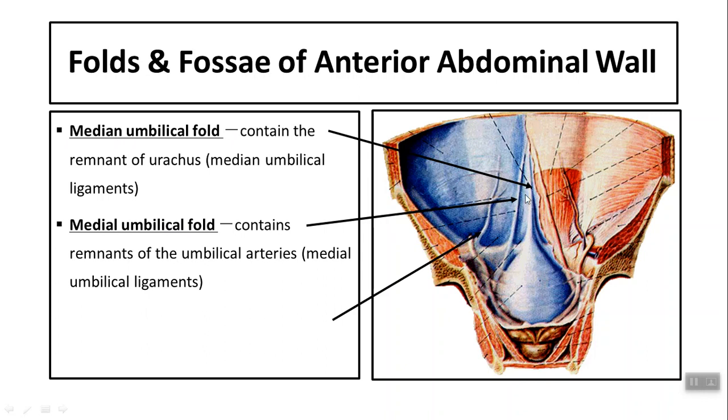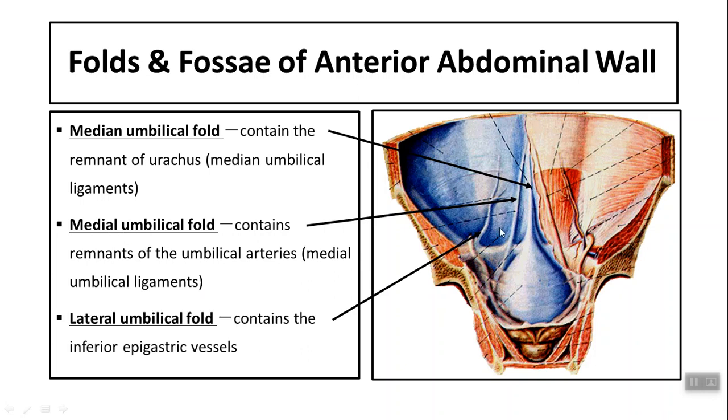Lateral to it, another fold is called the medial umbilical fold, which contains the remnants of the umbilical arteries. These fibrous remnants are called the medial umbilical ligaments, but the fold is called the medial umbilical fold.